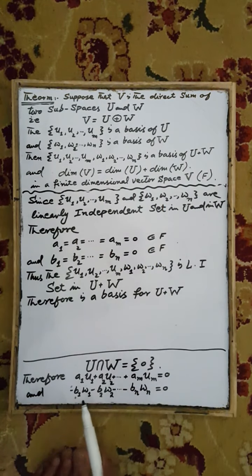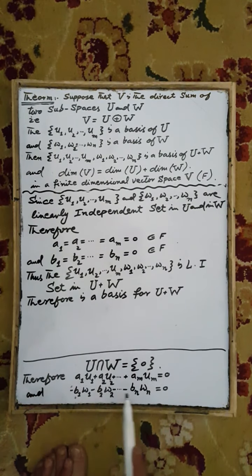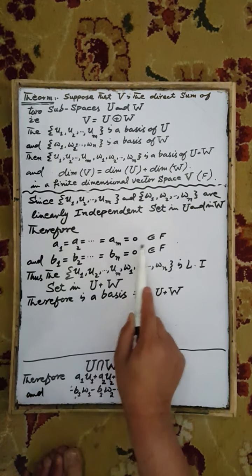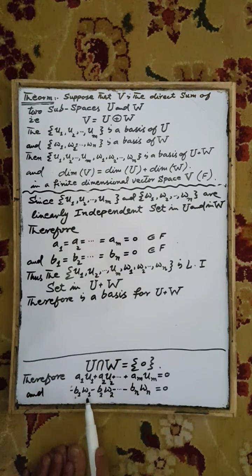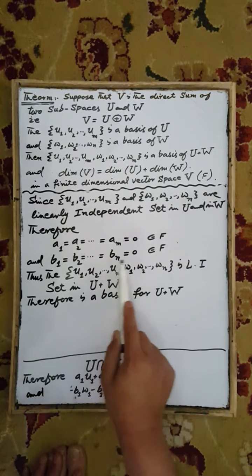Therefore in the linear combination, the scalars a1 a2 up to am are equal to 0, and since w1 w2 up to wn is also linearly independent, the scalars b1 b2 up to bn must be equal to 0.